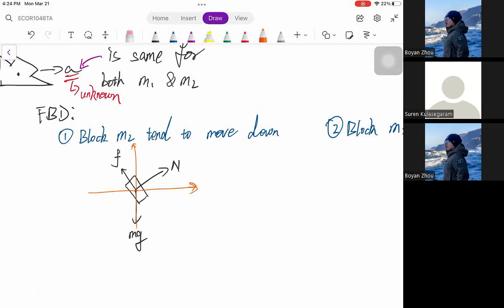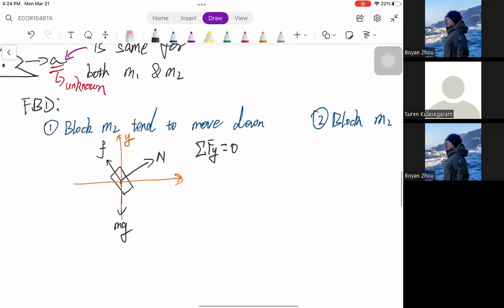That means in the y direction, the resultant force is going to be equal to 0. And for the x direction, we know the object is moving to the right with the acceleration equal to a, and a is the one we're looking for.